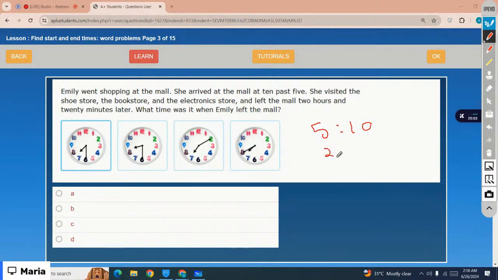Then add 2 hours and 25 minutes. So that's 7:35, which is the correct option. Option number A is the correct option.